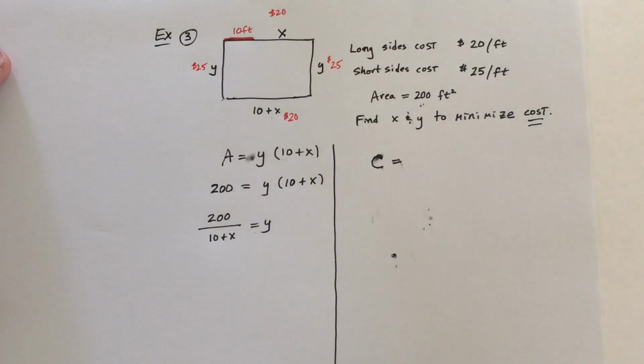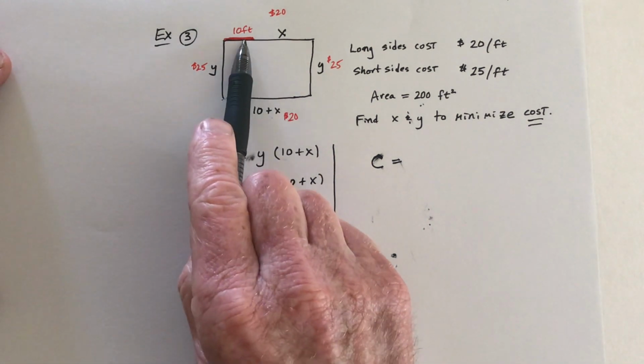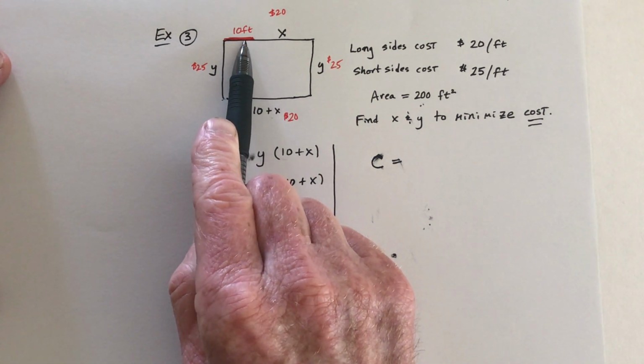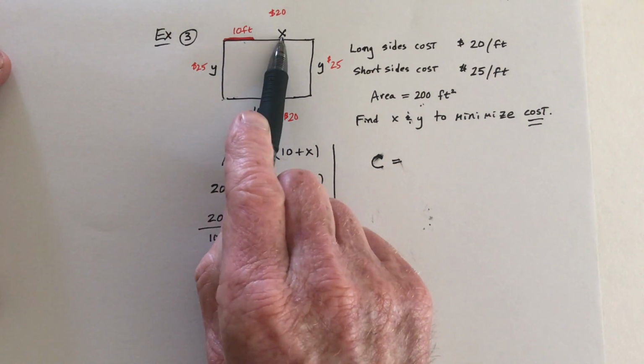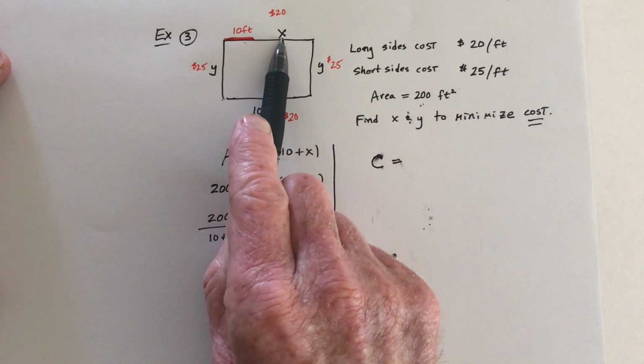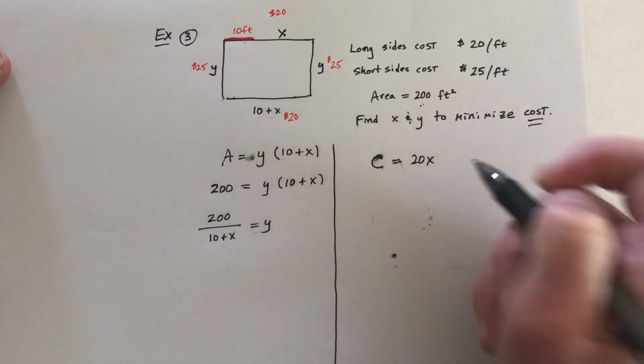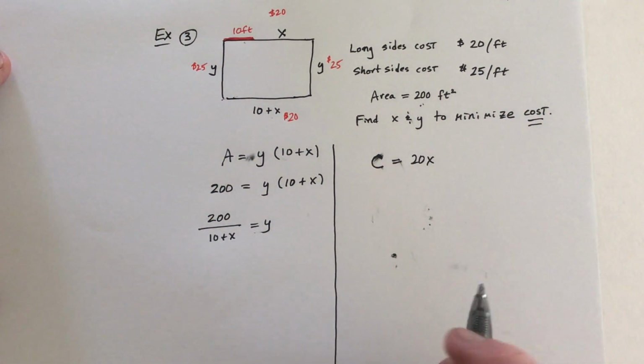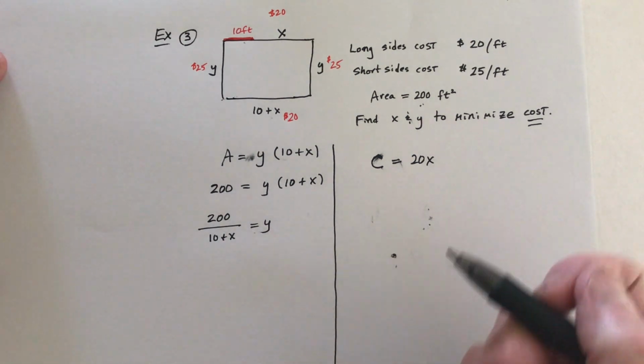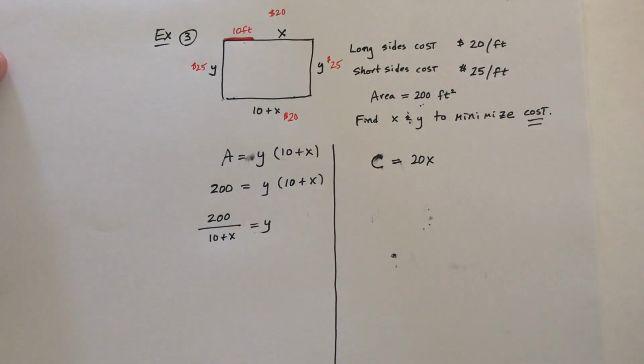And then we basically just need to go around the rectangle and add up all the costs. Since this brick wall is already there, we don't have to rebuild it. So on this side, we just need $20 per foot times x. So we'll have 20 times x. Oops, it looks like my pen is leaking. That's okay, I'll survive.